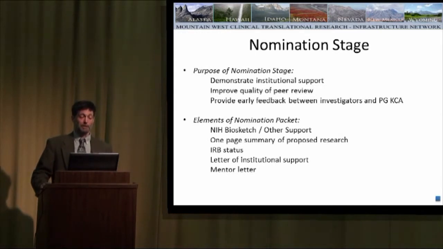We also ask for a one-page summary of proposed research, which is one of the more challenging things that any researcher does, which is trying to distill and communicate the goals of their research and what they're trying to do into a very small one-page summary. This is best presented as a specific aims page, and in a little while Bill will show a structure of a specific aims page and what a specific aims page is trying to communicate.